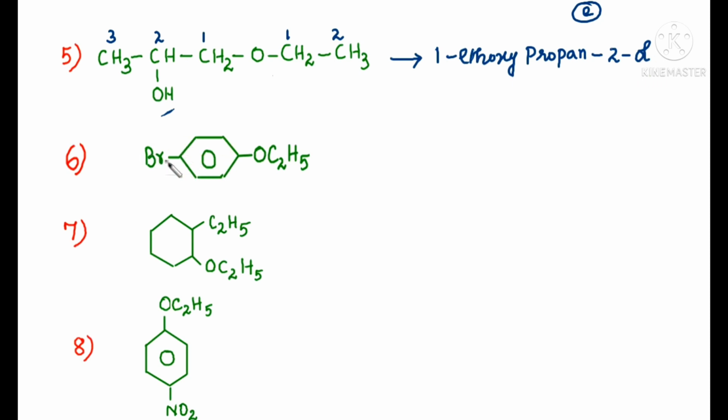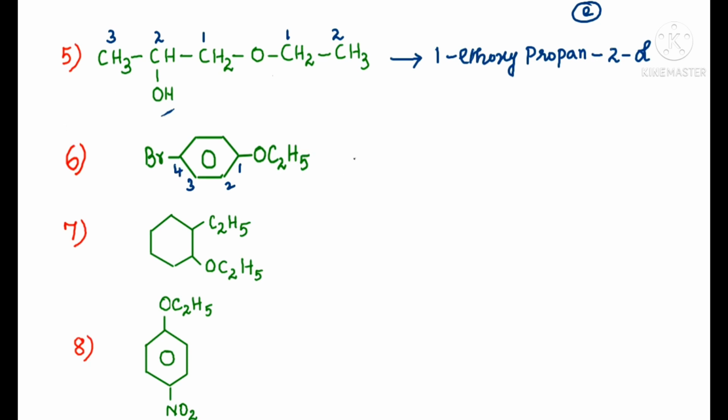Now see the next compound. It is a phenyl ring. The phenyl ring is linked to an ethereal oxygen and an ethyl group, and a substituent is also there in one of the positions. Which is the smallest alkyl group here? This ethyl group is the smallest group, so the ethereal oxygen will combine with this. Now we'll give the numbering 1, 2, 3, 4. Come on, write the name of the compound, students.